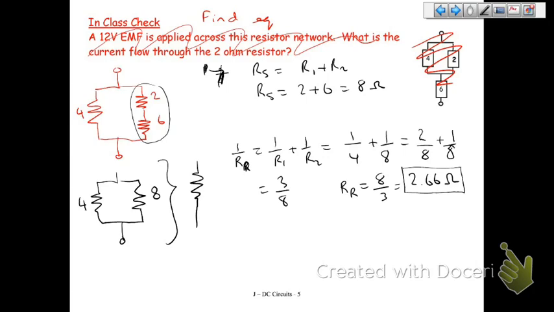Do you notice something about the answer for a series combination? Is it going to be always bigger or always smaller than any of the ones in the series combination? It's always got to be bigger. And by the same token, do you notice something about the parallel combination?